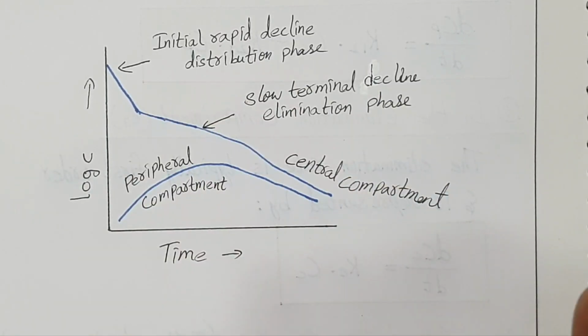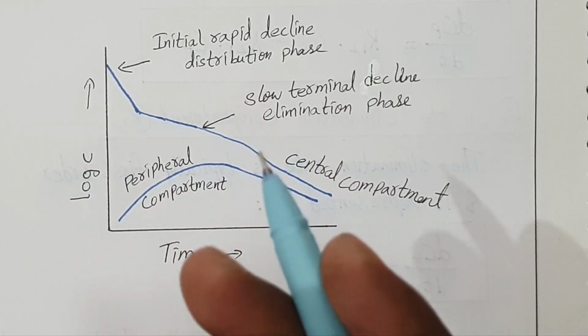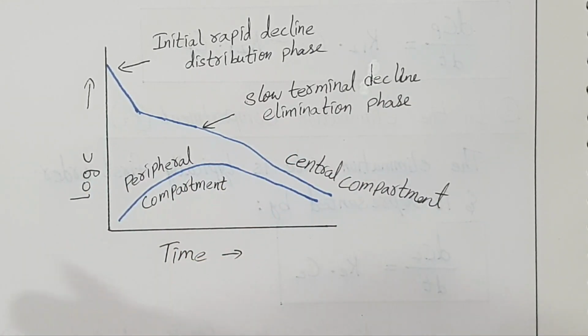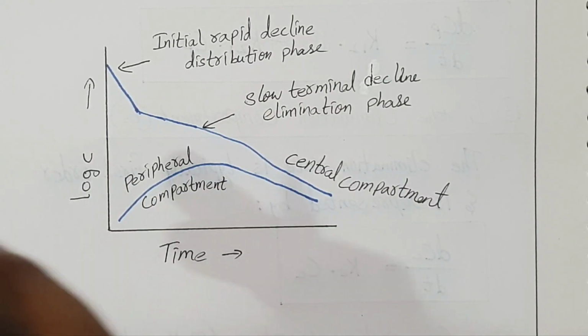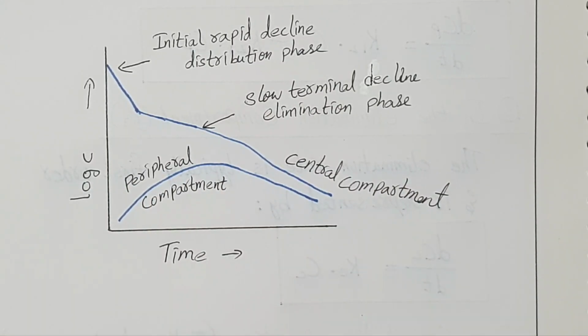We use rate constants and exponential equations to understand this model. Understanding this helps in dose calculation, timing and prediction of drug levels at any point of time. And that's all for today's topic.